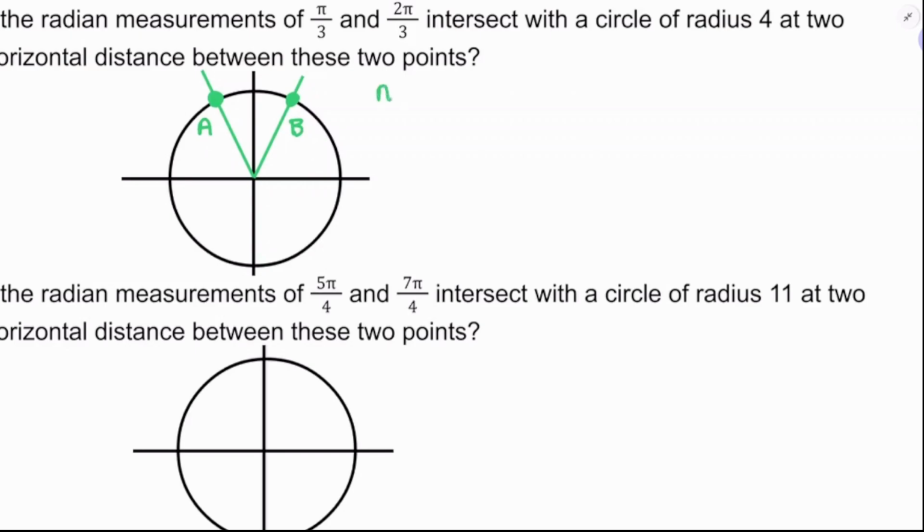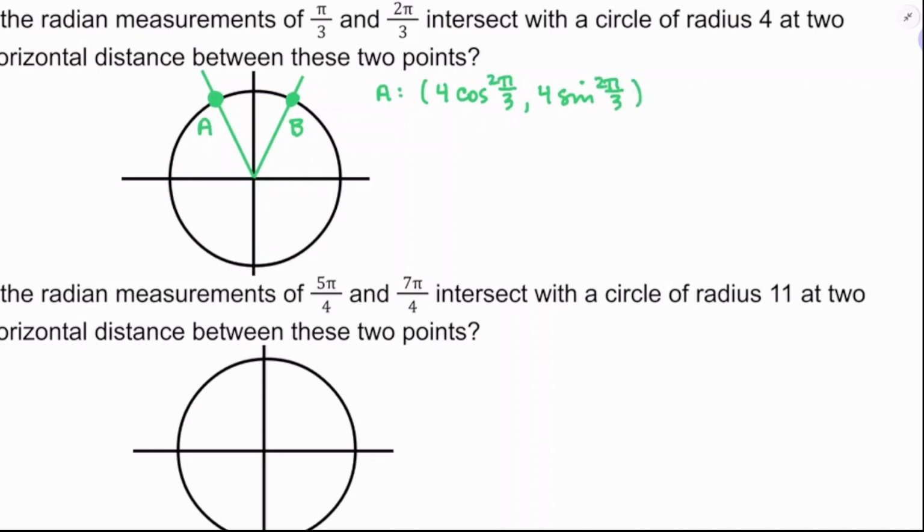Okay, the coordinates of A are going to be x equals, okay, A corresponds to theta equals 2 pi over 3. So x equals, the radius is 4 times the cosine of the angle. And then the y coordinate would be 4 times the sine of 2 pi over 3.